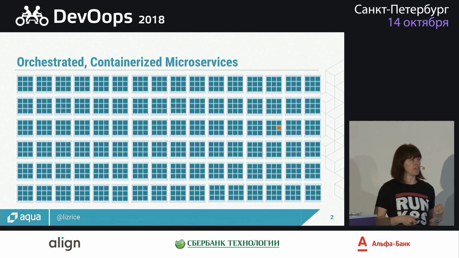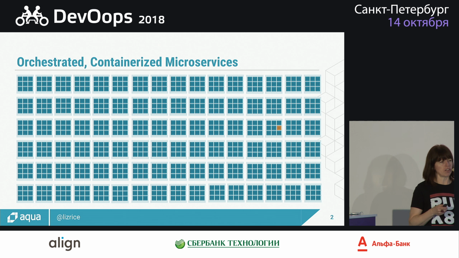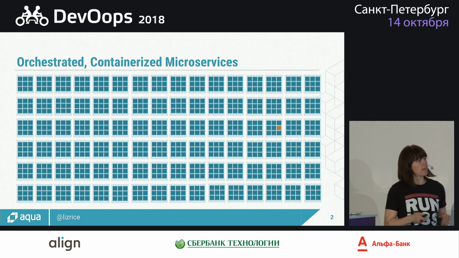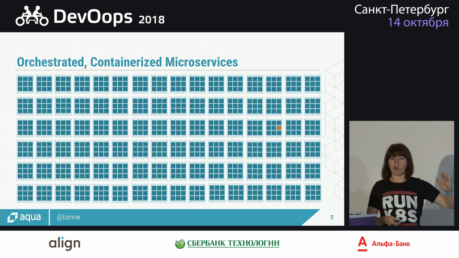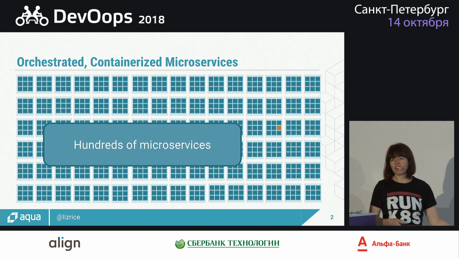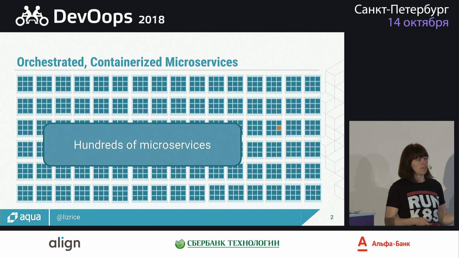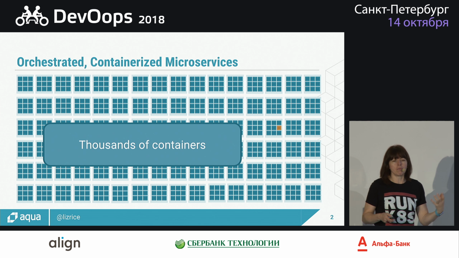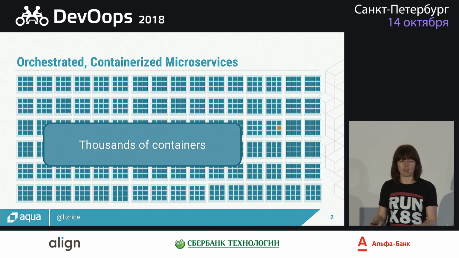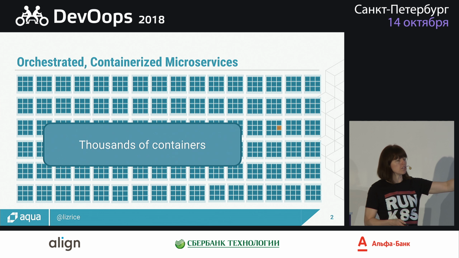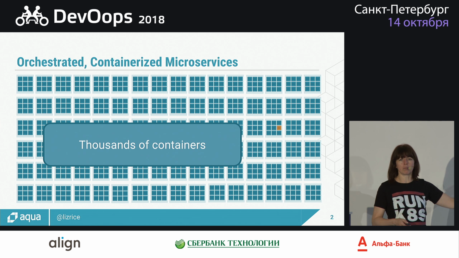And they're used to the idea of things like patching to improve the security of their deployment. And suddenly they're faced with something like this, where they've got potentially hundreds of different microservices, and each of those microservices potentially has dozens of instances, so there could be thousands of containers, and any of those containers could be running somewhere in this deployment of servers.